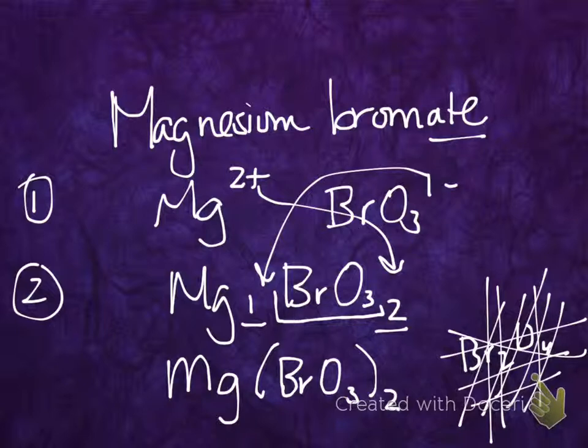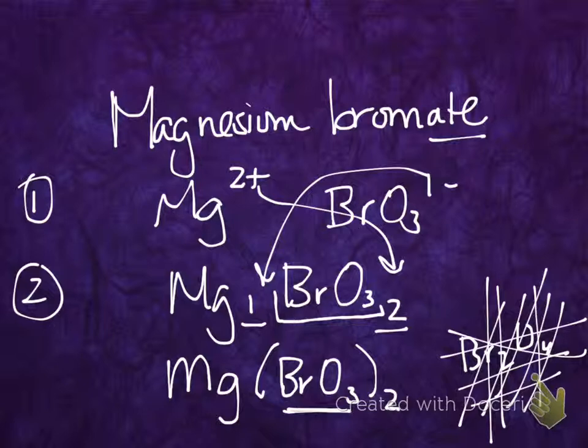You can't break it up. This is, in essence, a molecule that has gained an electron. You can't change the formula for the polyatomic ion. Most of you will probably do it once and then go, oh, and never do it again. But be watchful of that.